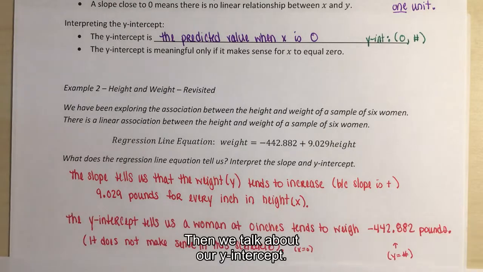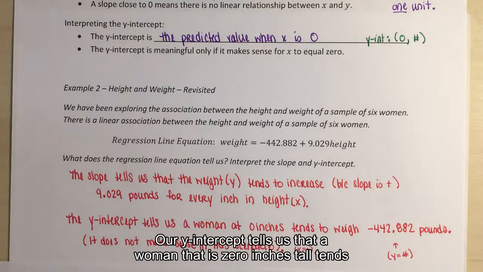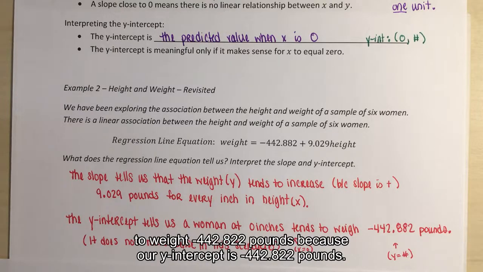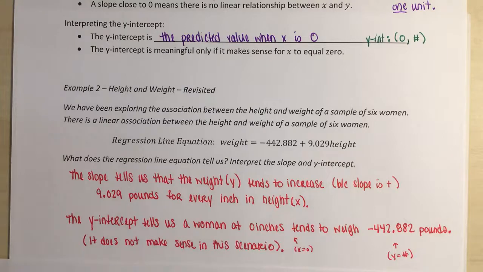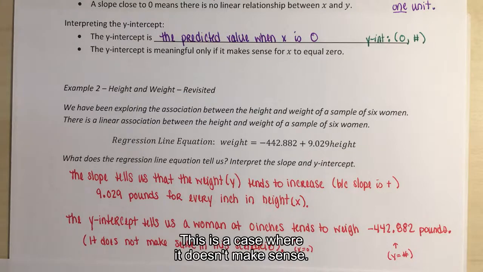Then we talk about our y-intercept. Our y-intercept tells us that a woman that is 0 inches tall tends to weigh negative 442.882 pounds, because our y-intercept is negative 442.882 pounds. This is a case where it doesn't make sense.